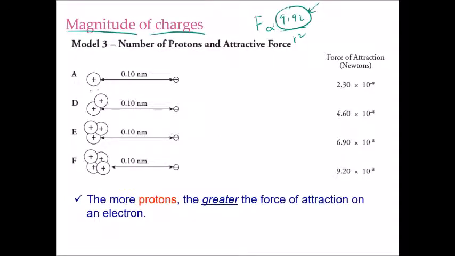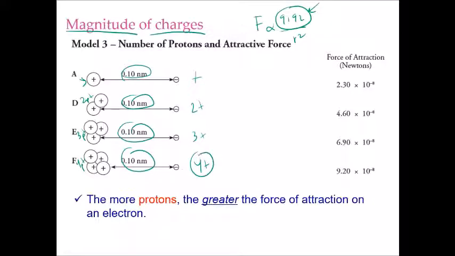And looking here at our examples, the A has 1 proton, D has 2 protons, the E has 3 protons, F has 4 protons. The distances are all equal here. So we're not even looking at that part of the equation. Distances are all equal. But as you change the magnitude of charges, so this is +1, this is 2+, this is 3+, this is 4+, okay?